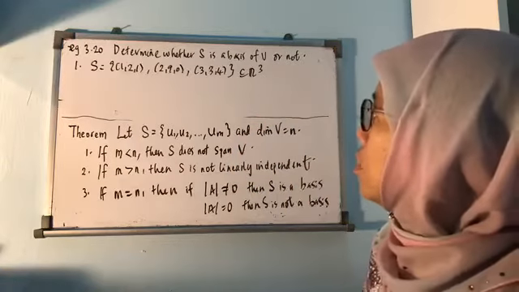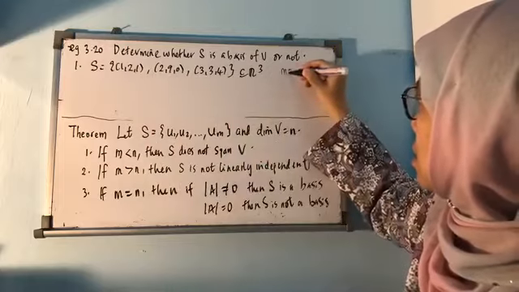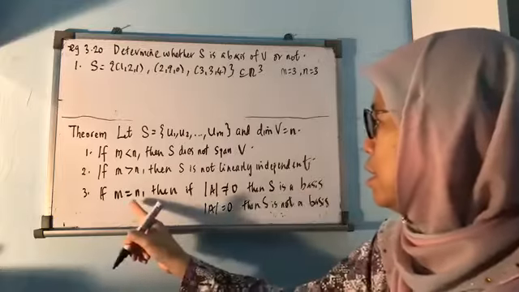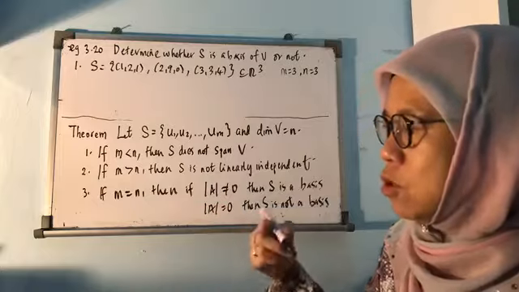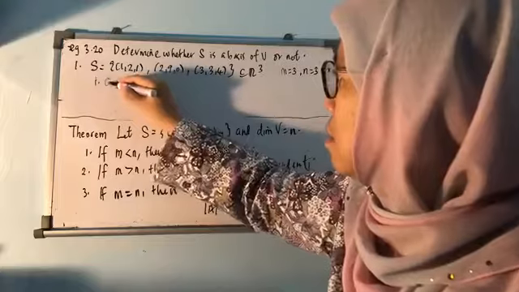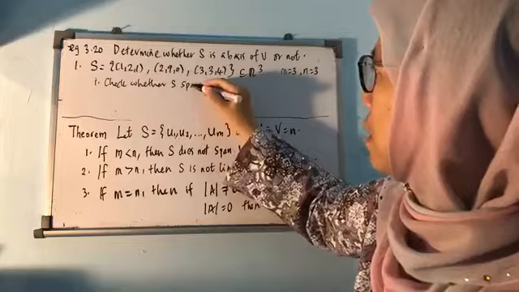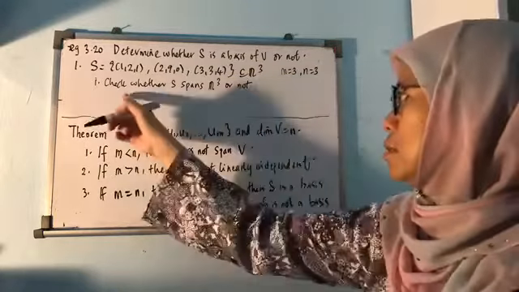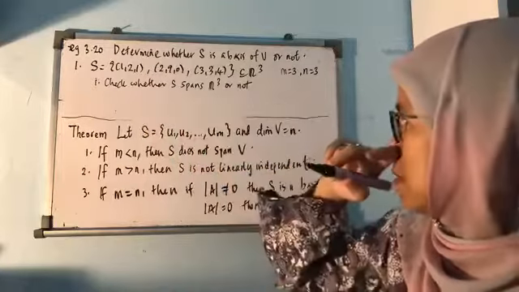Okay, now what is m? m is 3, n is 3. So it falls here, right? So you can check also. But to determine whether it's a basis or not, you check whether S spans R3. Because there are points for writing this out, okay?